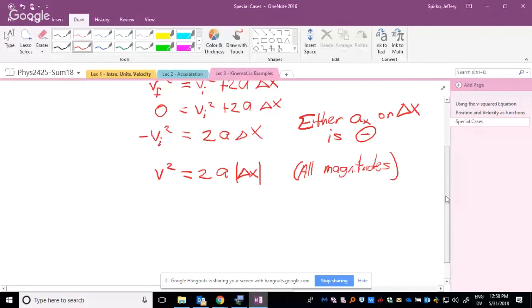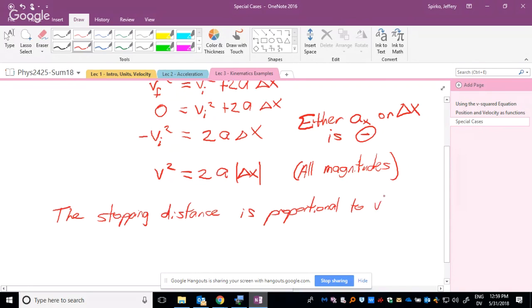And when I use this equation, the stopping distance is clearly proportional to v squared.